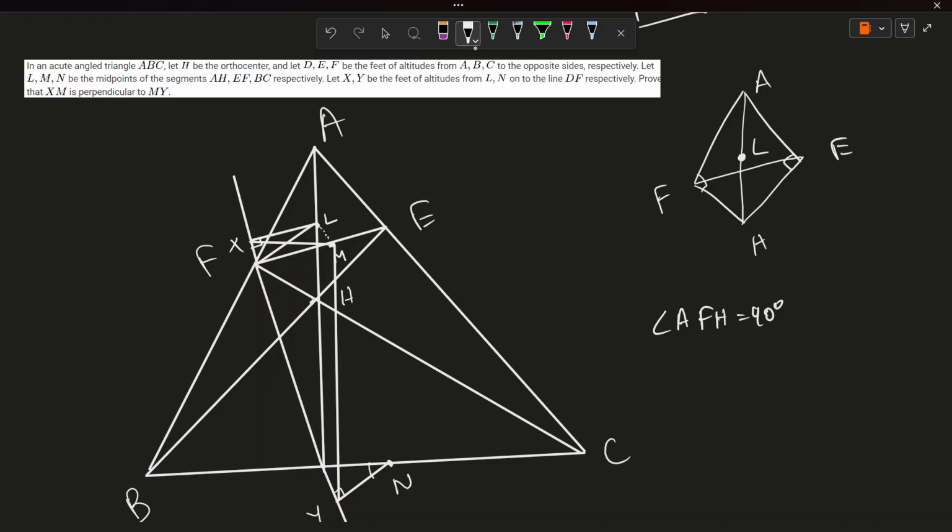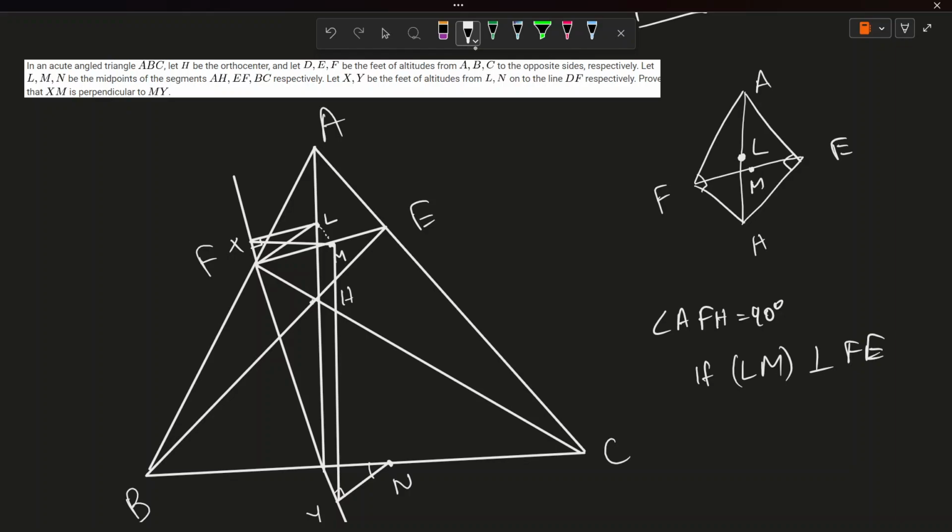Notice that if we connect the center of the circle to the midpoint of any chord, the resulting line is always perpendicular. The midpoint of FE is M. So if we connect LM, then LM is perpendicular to FE.